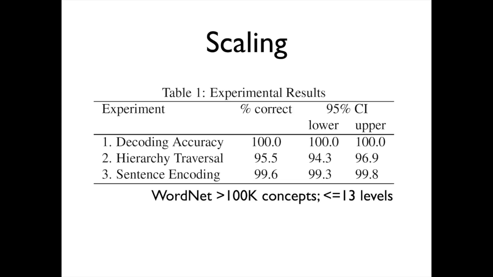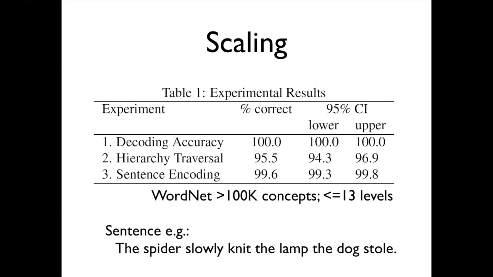And then the last thing we wanted to show is that we can in fact also encode fairly sophisticated sentence structures, and then decode those concepts and do things like hierarchy traversal. To generate enough sentences to collect good statistics, we essentially randomly generated them and ended up with sentences like this.